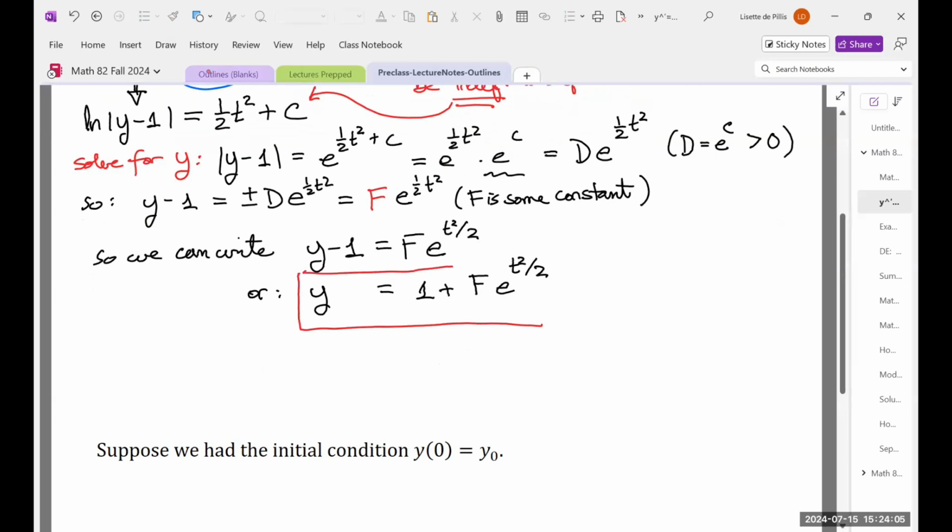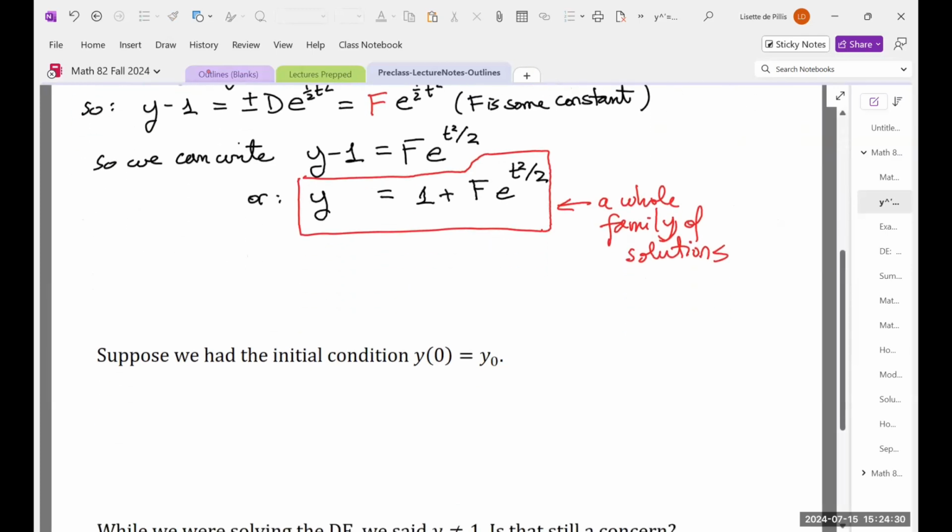If you remember, because I've got this constant f, this represents a whole family of solutions.